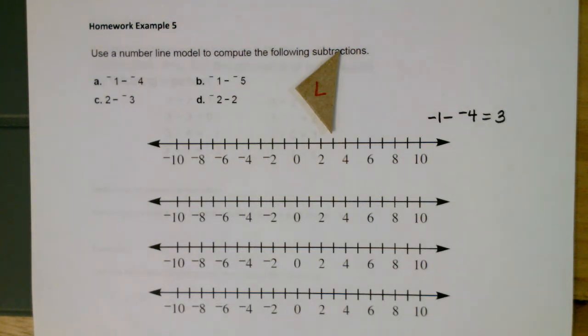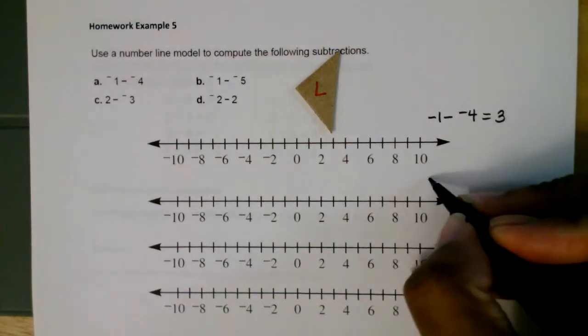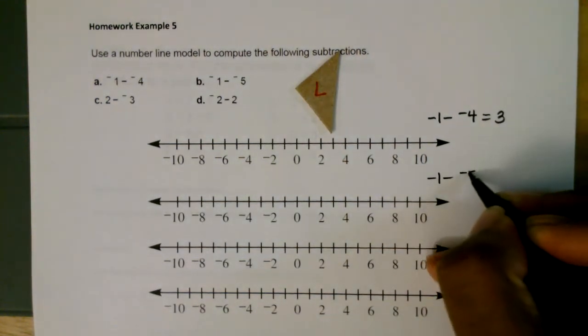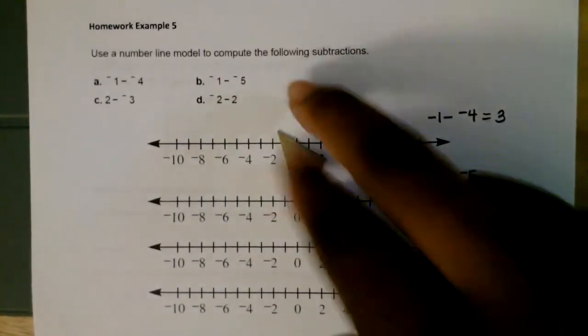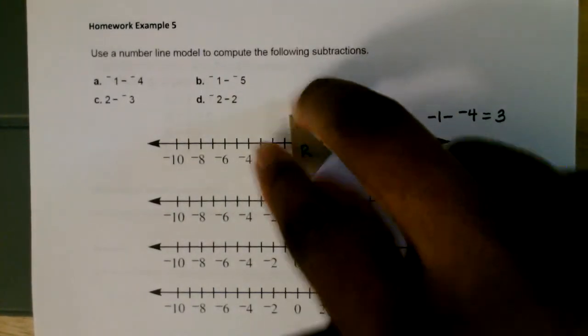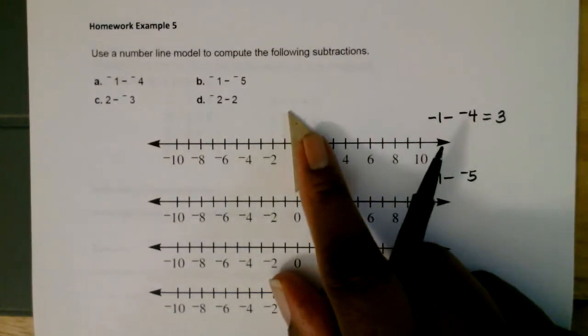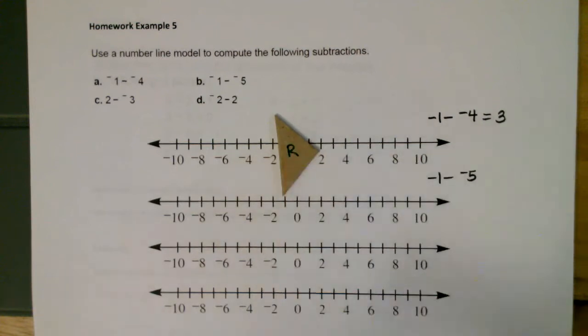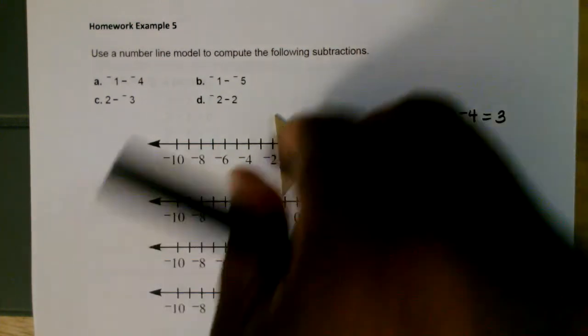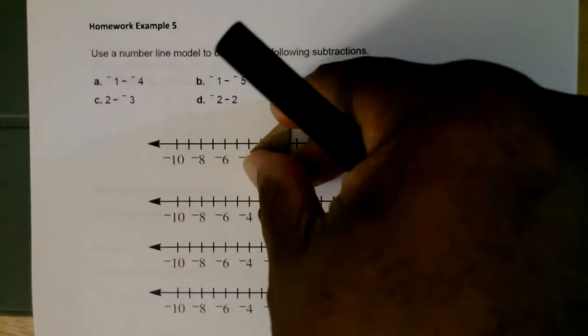All right, part B, we got -1 minus a -5. We start at 0, we face to the right. Now, -1 means we need to walk back 1 place. The minus sign, subtraction, means I need to be turning this way, facing to the left.